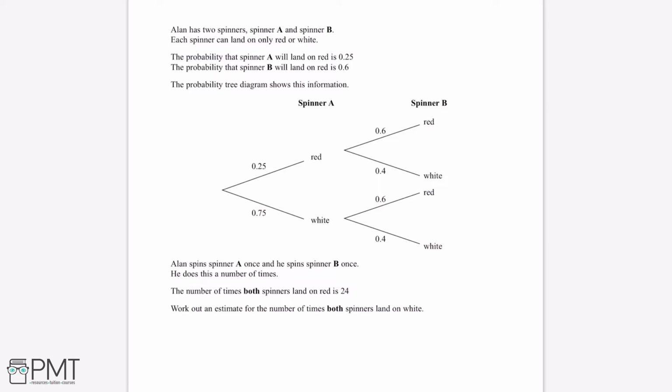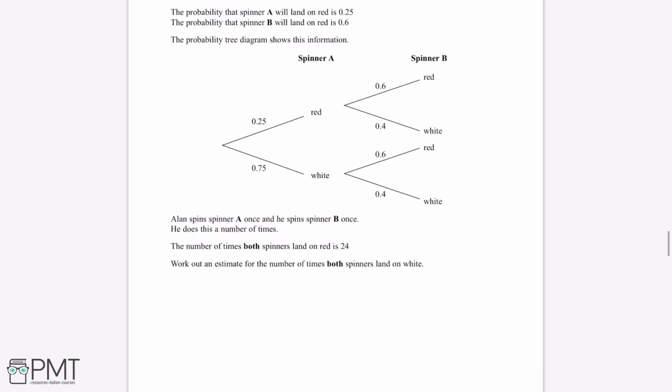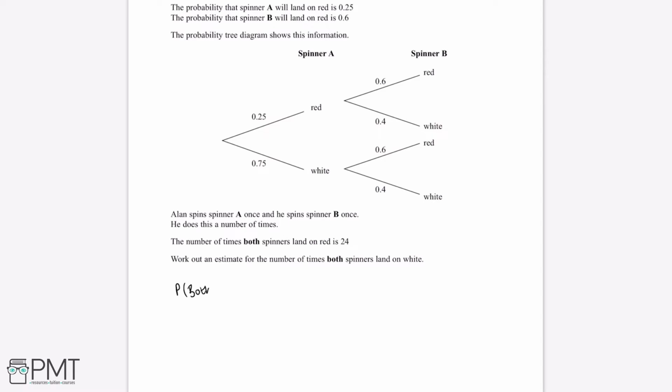So the first thing we can do for this question is work out the probability that both spinners will land on red, and then the probability that both spinners will land on white. If we look at the tree diagram, the probability spinner A is red is 0.25, and the probability that spinner B is red is 0.6.